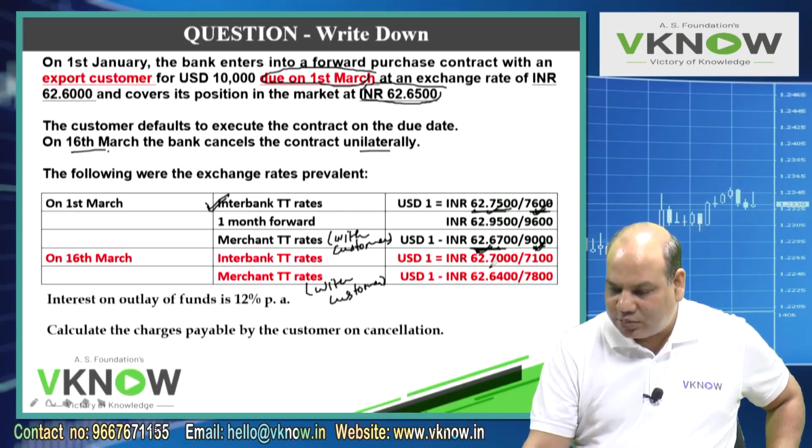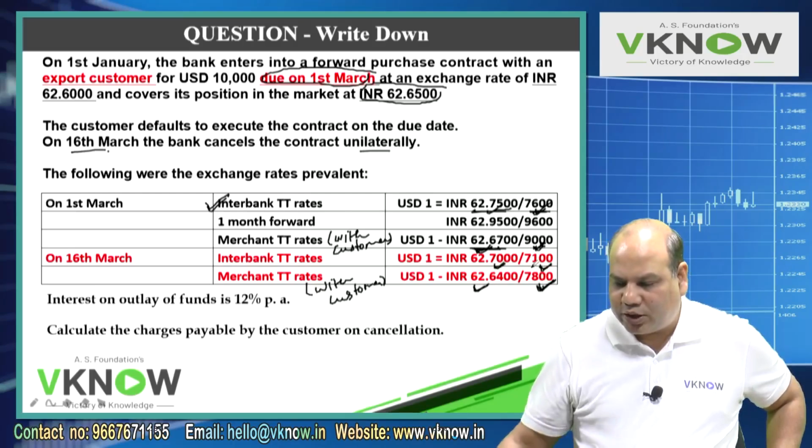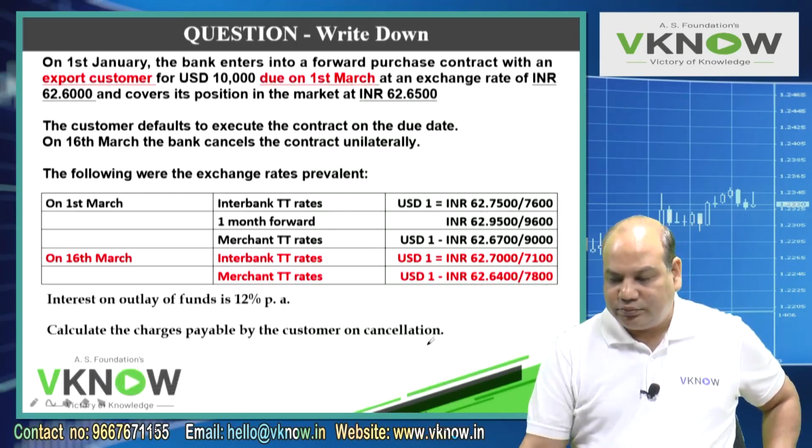Same thing on 16th March. The buying rate from the customer is lower than the interbank buying rate because margin was deducted, and the ask rate applicable to the customer is more than the interbank ask rate because some margin must have been added here. So we don't have to add margin. The margins have already been built in.